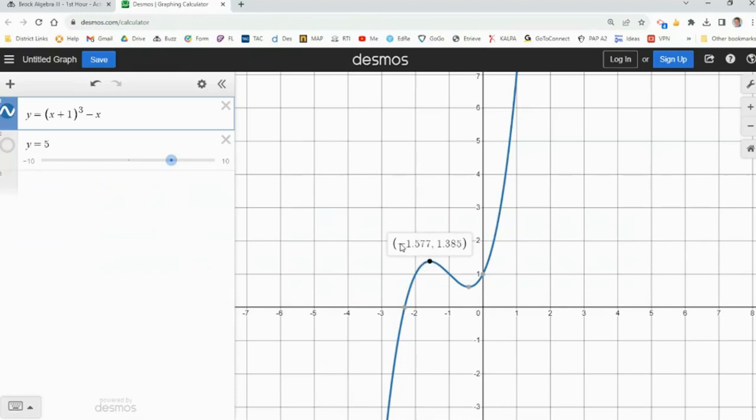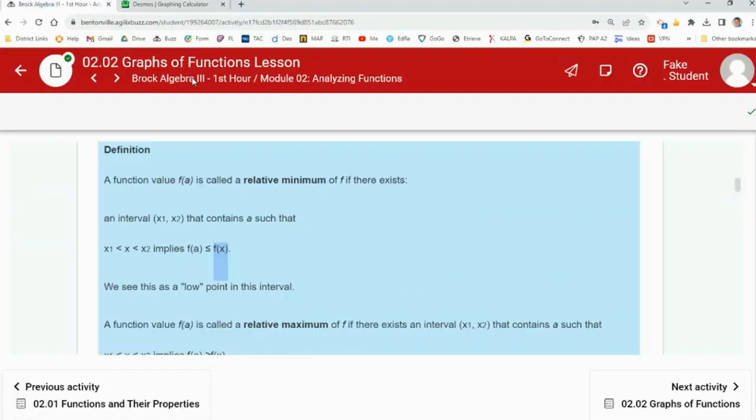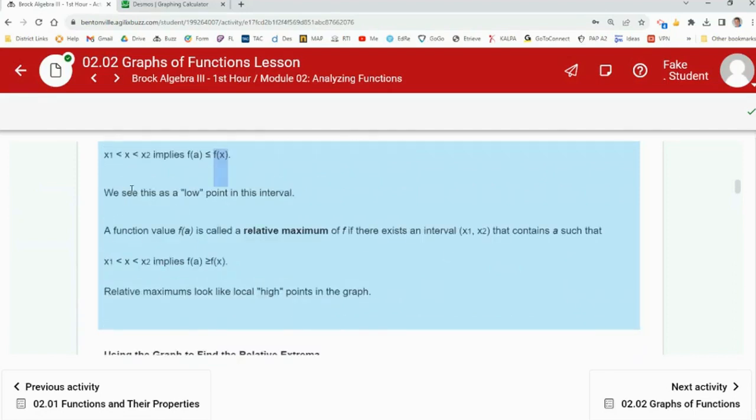So negative 1.577, 1.385 is a relative maximum because it's larger than both the values on either side of it. Relative minimum because it's smaller than the y on either side of it. That's all this fancy stuff is. We see this as a low point, and this looks like a local high point, relative maximums.